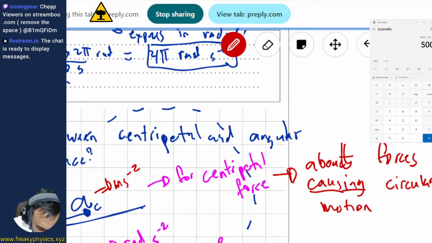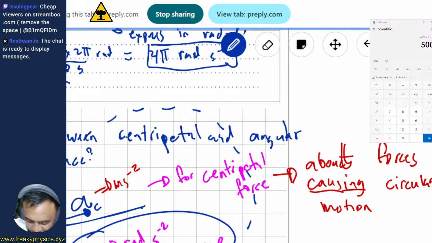Now, the other one, alpha, we're not talking about forces causing the circular motion anymore. What we're dealing with here is the rotational equivalent of Newton's laws.